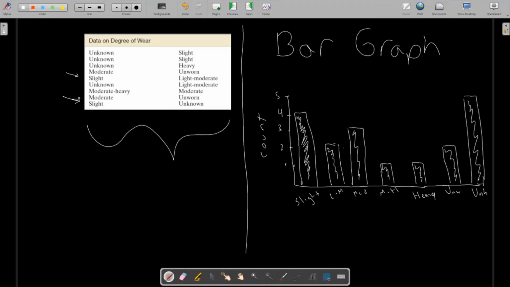So here, it looks like in the data set we have 18 values, 9 in each column, and in our bar graph we have 4 plus 2 plus 3 plus 1 plus 1 plus 2 plus 5, and so that gives us 13 plus 5, which is 18. So it looks like we've gotten all the correct values here.